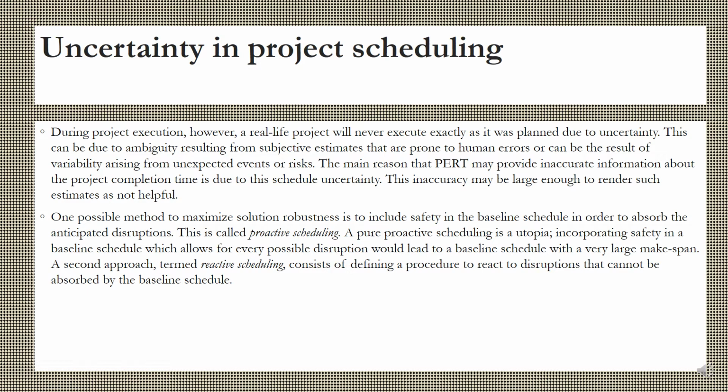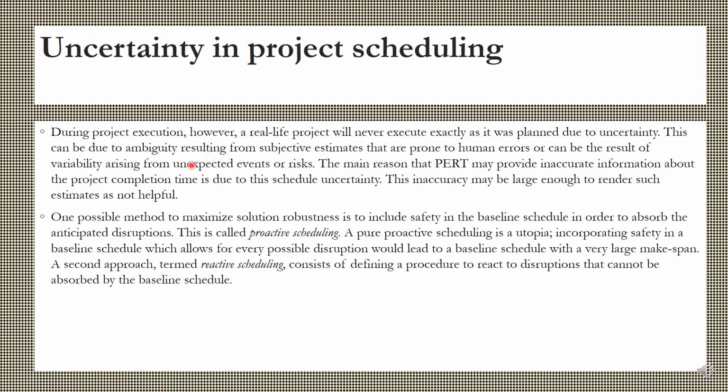Now, uncertainty in project scheduling. What happens during project execution? A real-life project will never execute exactly as it was planned due to uncertainty. As we all know, there is always some uncertainty, and because of which the project may not be executed the same way we expected it.